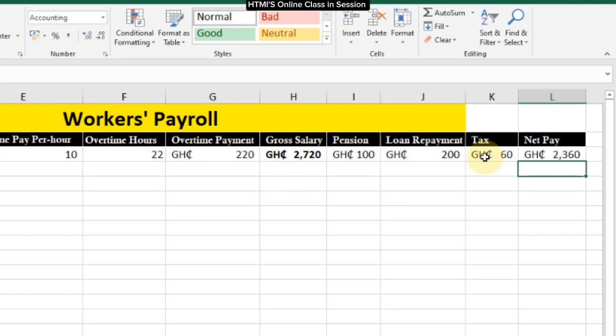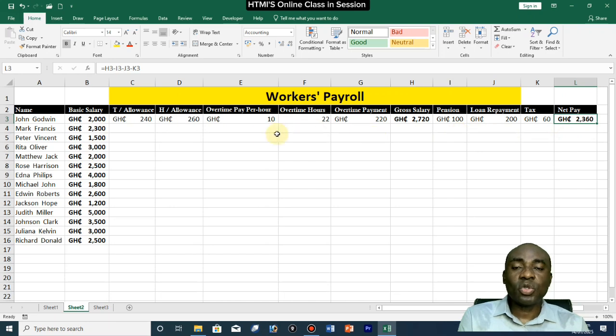So the total net pay, the take home for this particular worker, will be 2,360 cedis. Okay, so we can drag across to get the results for each of the other workers.